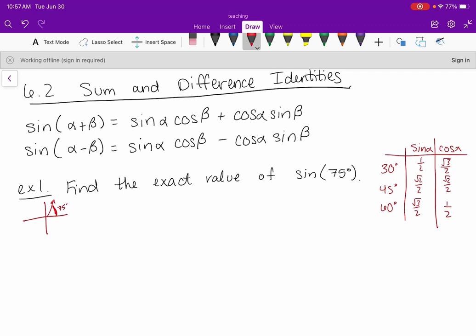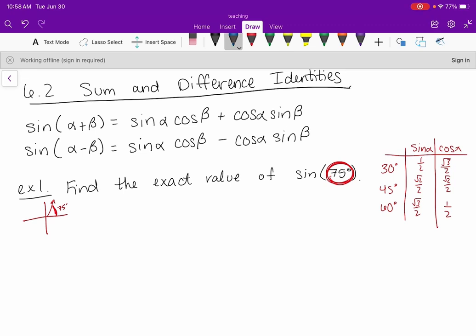But what we can do instead is find two angles that we do know have a reference of 30, 45, and 60, and we can use those instead of 75. So I'll ask you and you can answer it, what are two angles in that table that add to 75?